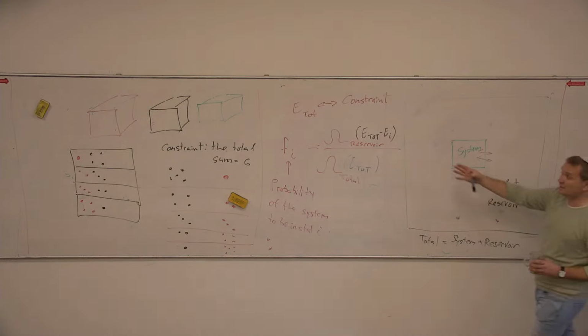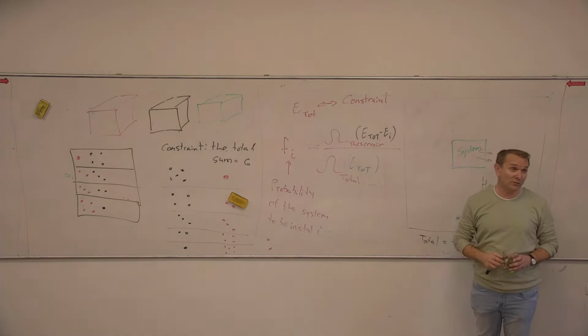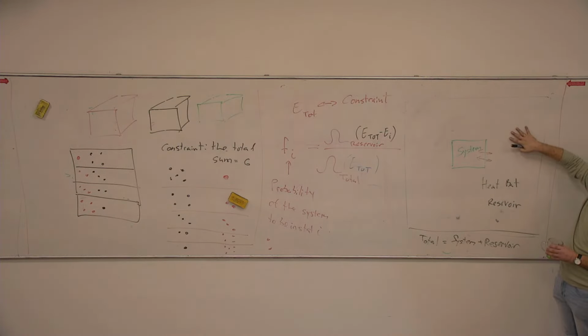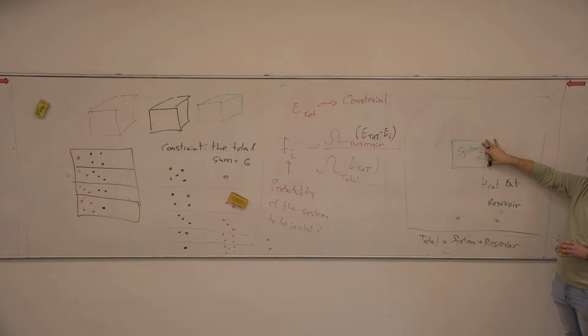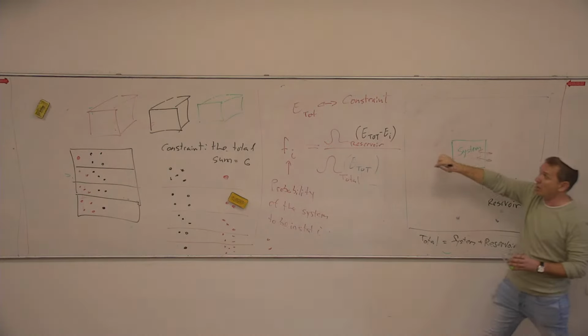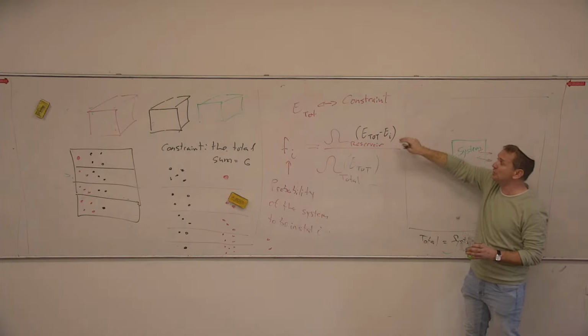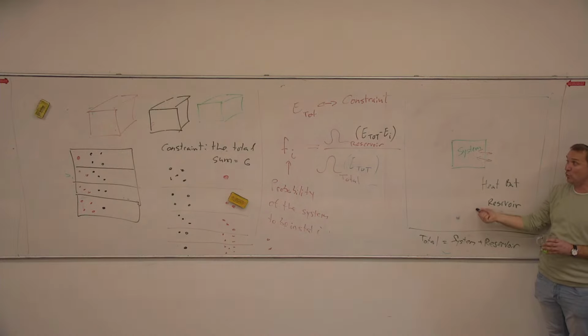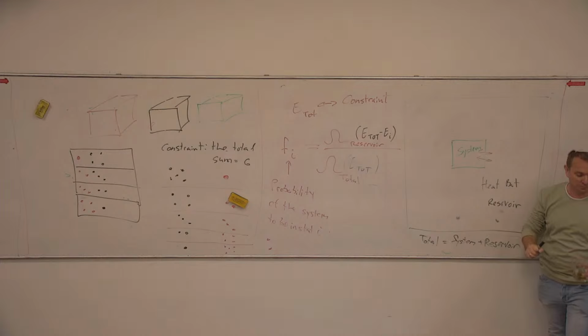This is just a formula for conditional probability. I compute the total number of states. I'm looking at my system, which is a subspace of the total sample space, and I just need to count the total number of states of the reservoir that correspond to a given state of the system.